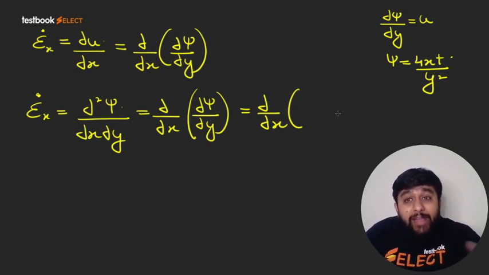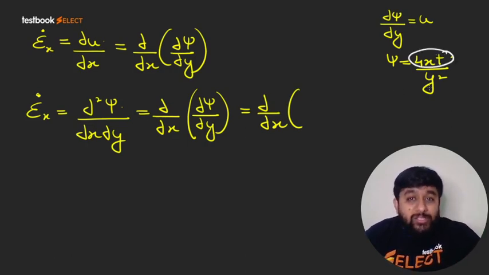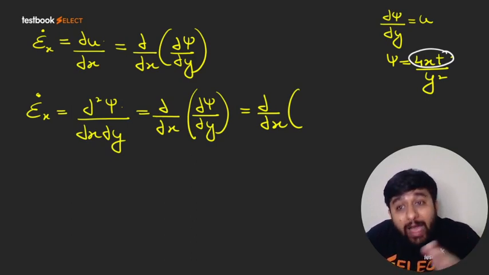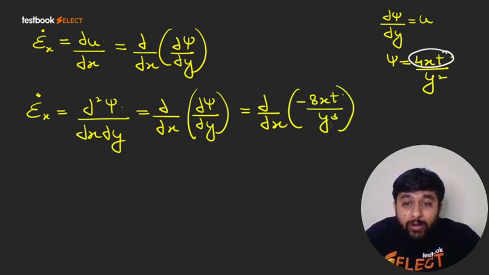So del psi by del y: we are doing partial derivative with respect to y, so x and time will be treated as constant. What is the derivative of 1 by y square? That is minus 2 by y cube. So this will become minus 8xt by y cube, right?